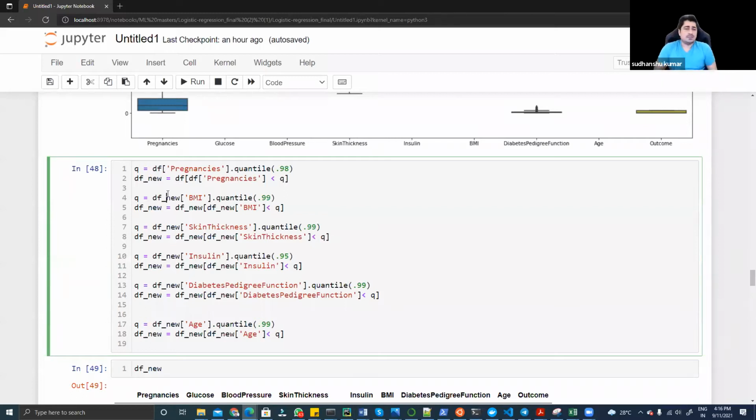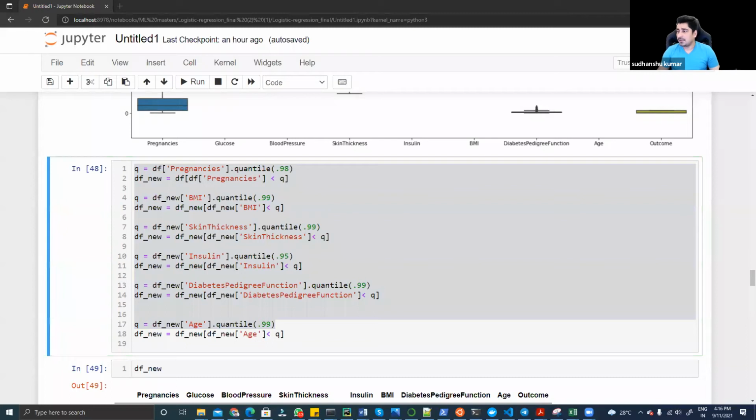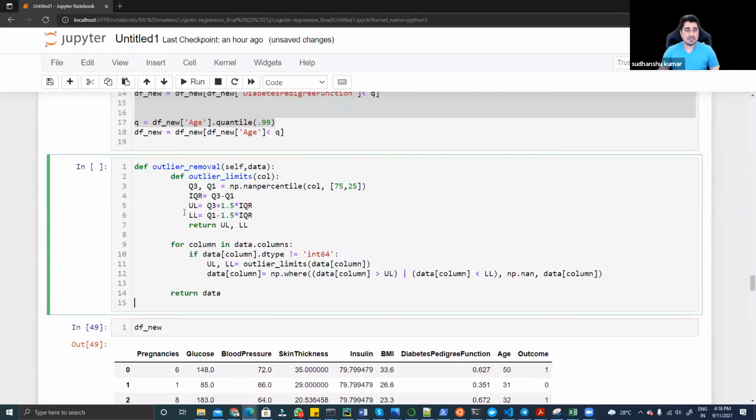And again, you can write one of those beautiful functions. Rajesh has already written this particular function. Just by using this function, you will just have to pass the data, and you will be able to do an outlier treatment. So yes, you all can try to use this kind of function for sure.